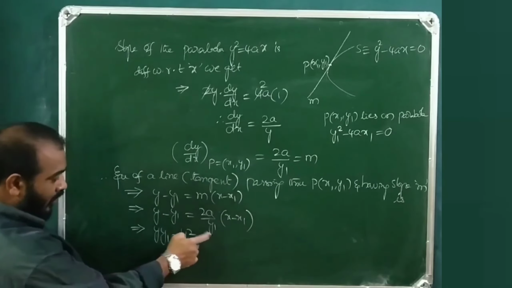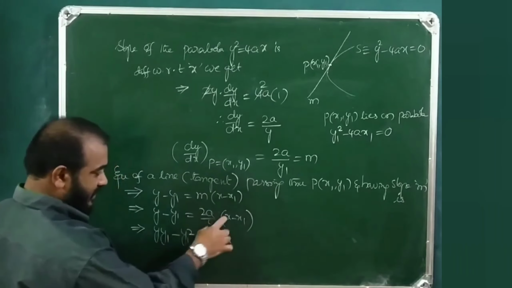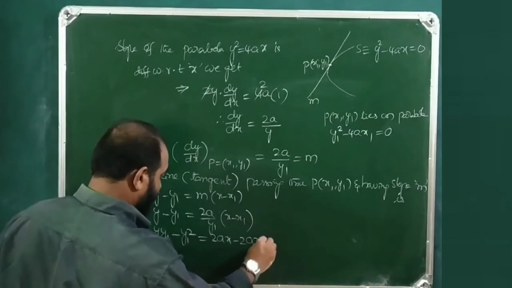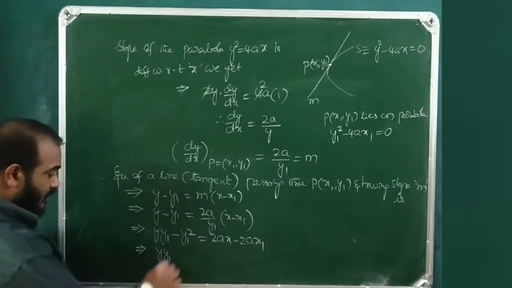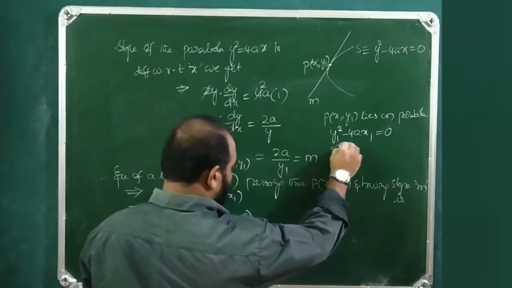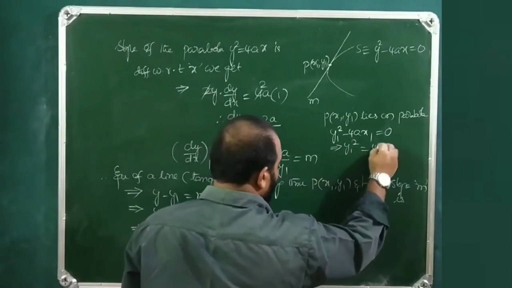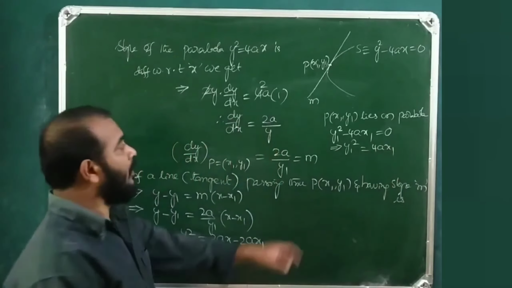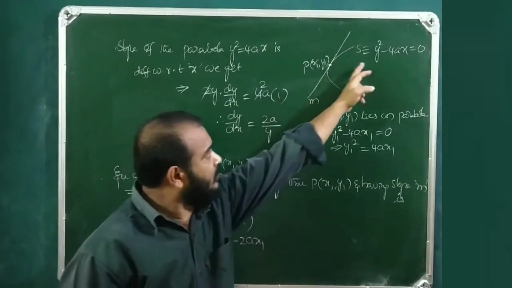So here y y1 minus y1 square equals 2ax minus 2ax1. Now y1 square equals how much? y1 square equals 4ax1, because P(x1, y1) lies on the parabola, so the point has to satisfy the equation.